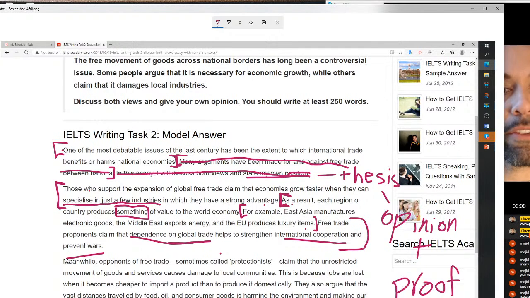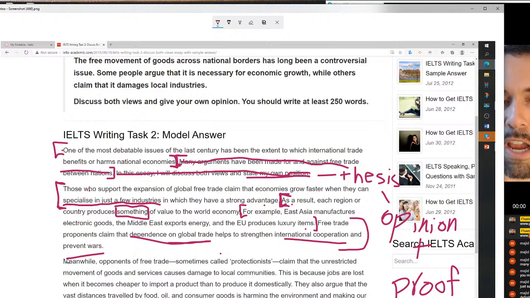I'm not even saying I disagree with them. Where's your proof? Where's your proof that trade is what's making it difficult to have wars? Where's your proof that this is helping the cooperation? If anything, that could be a topic sentence. You could write a book about this.